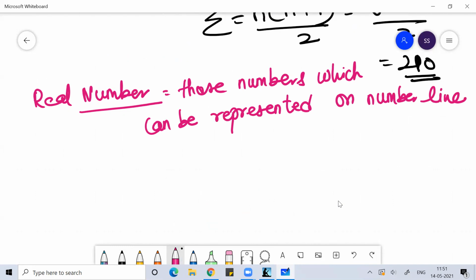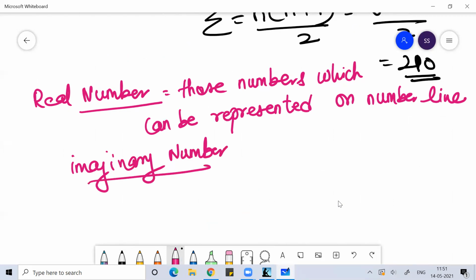Those numbers which cannot be represented on a number line are called imaginary numbers. So please remember what are imaginary numbers and what are real numbers.